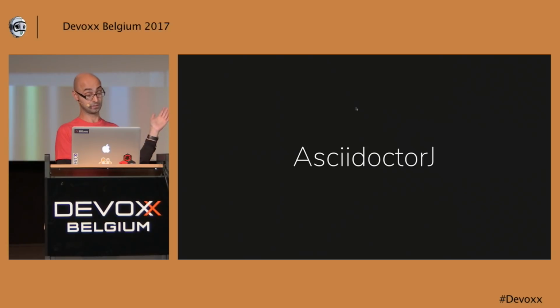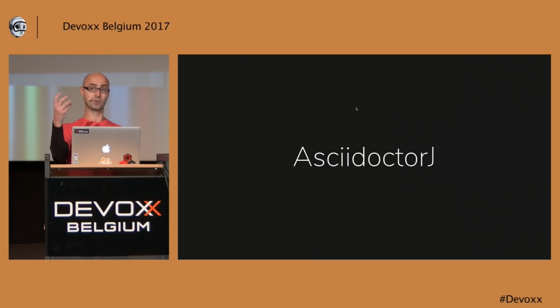This project was started by me 3 years ago, based on some proofs of concept that Andres Almiray and Jason Porter did in the past, and I took those proofs of concept and put them together as a product. Nowadays I'm no longer leading AsciidoctorJ, because Robert Panzer is doing an awesome job.